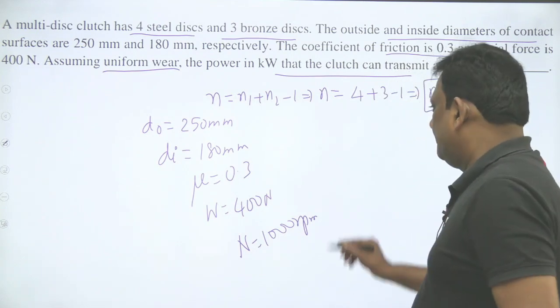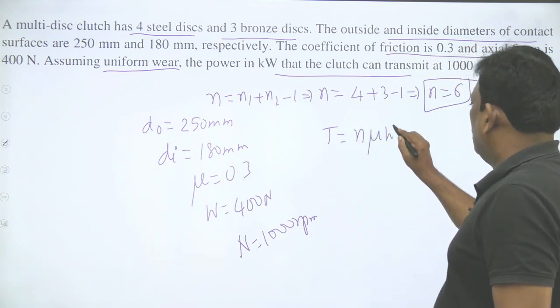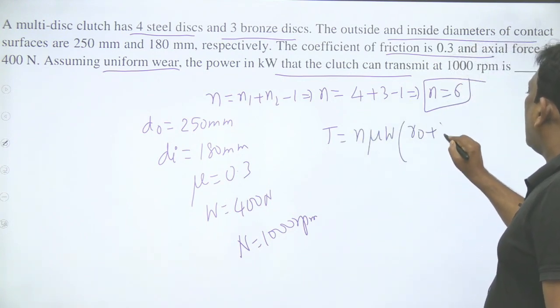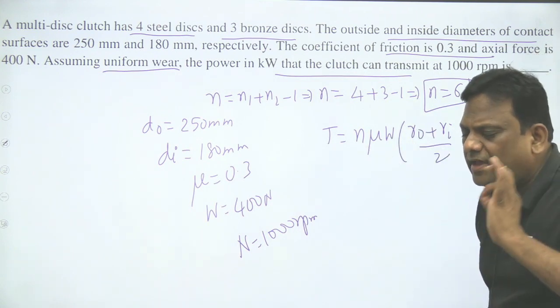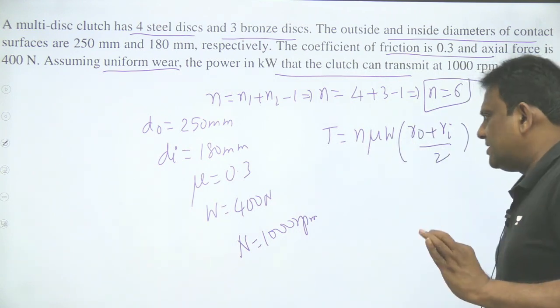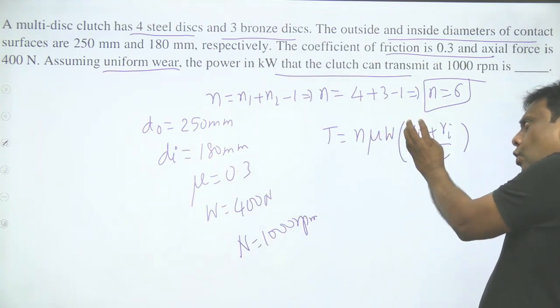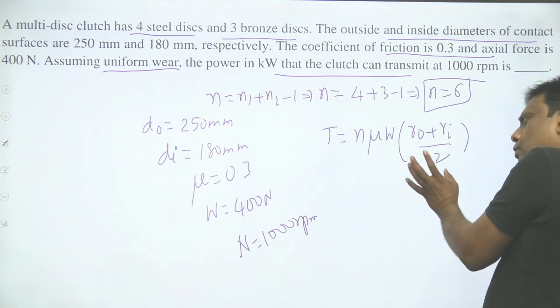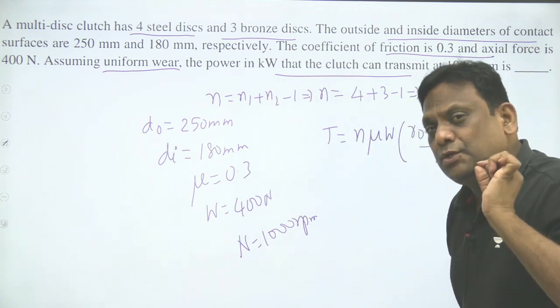All these I had explained. So the torque transmitted is given by N mu W (RO plus RI) by 2. And this is the torque for uniform wear conditions. If it is uniform pressure conditions, it will be N mu 2 by 3 W (RO cube minus RI cube) by (RO square minus RI square). That is for uniform pressure. But in the present problem, he is saying uniform wear.